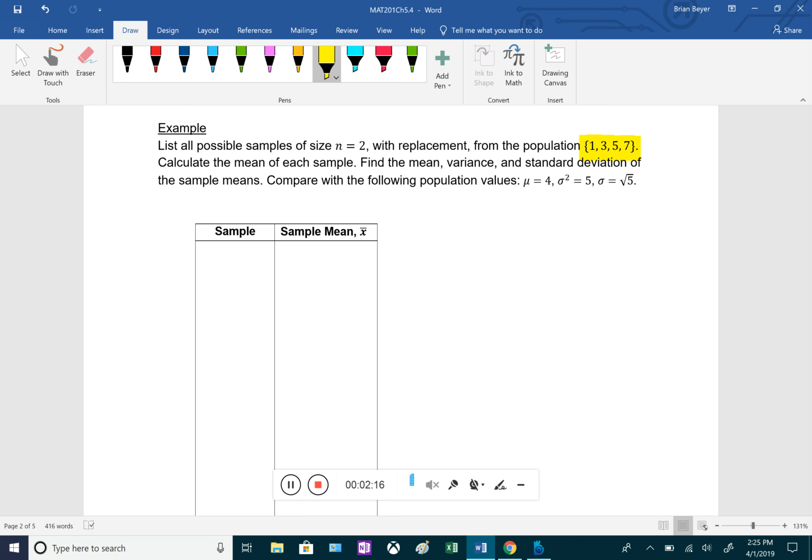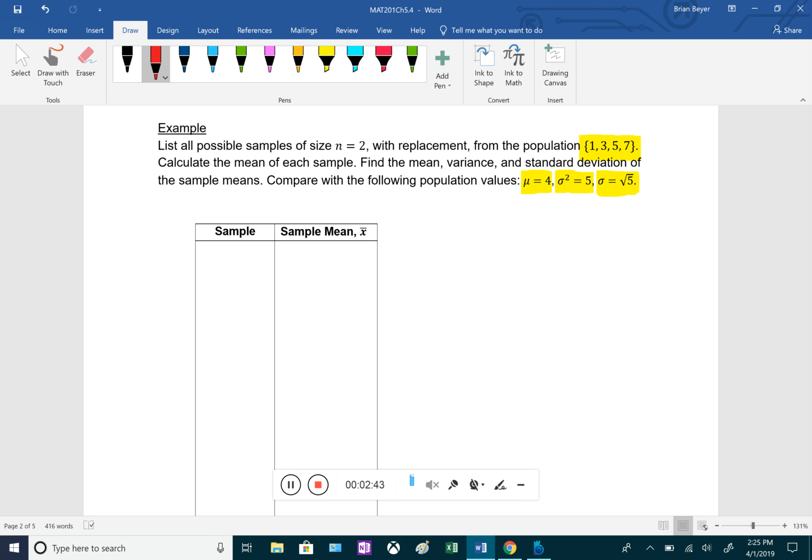We are given the mean of the population, which wouldn't be hard to find. It's 1 plus 3 plus 5 plus 7 divided by 4, which gives us 4. We could calculate the variance and get 5, and the standard deviation would be the square root of the variance, which is the square root of 5.